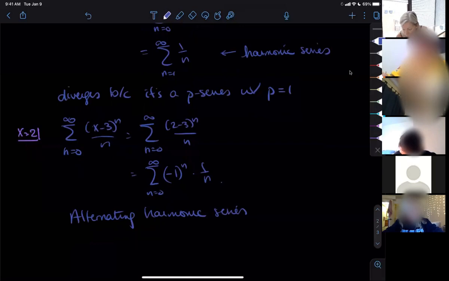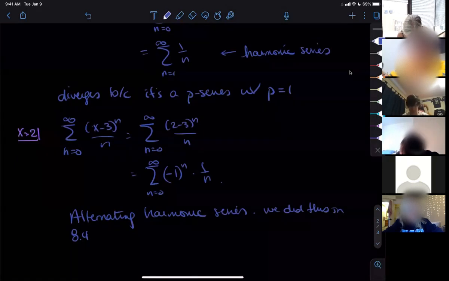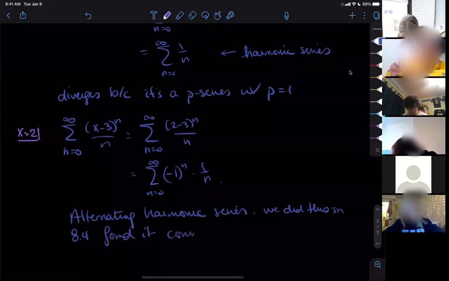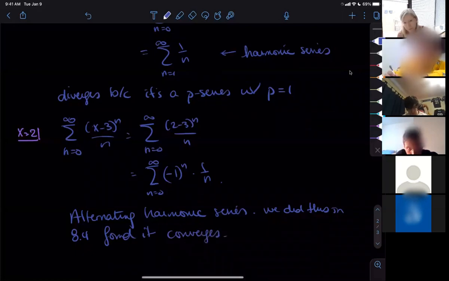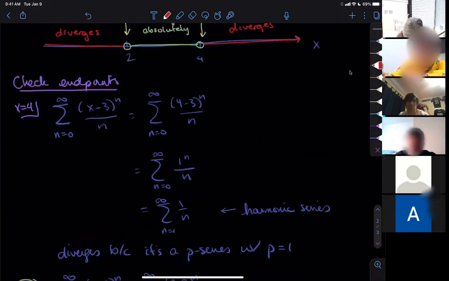And we did this in an earlier example, in section 8.4, and found that it converges. So I'm not going to do that same problem again. We have it in our notes. Okay, so it converges here and diverges here.